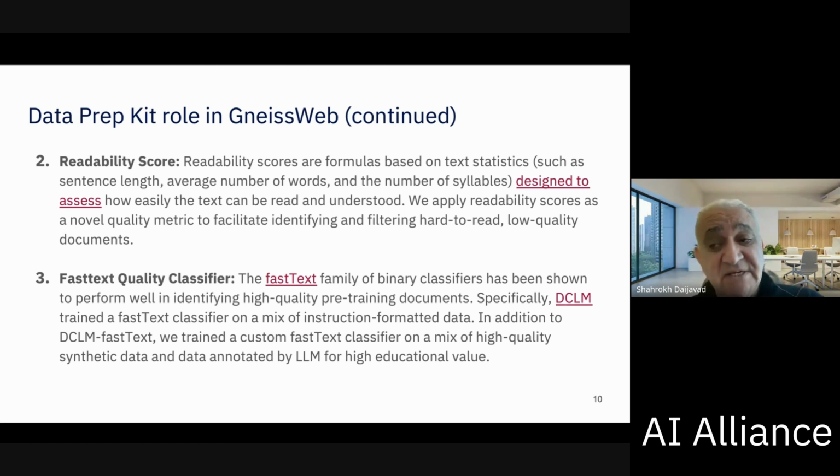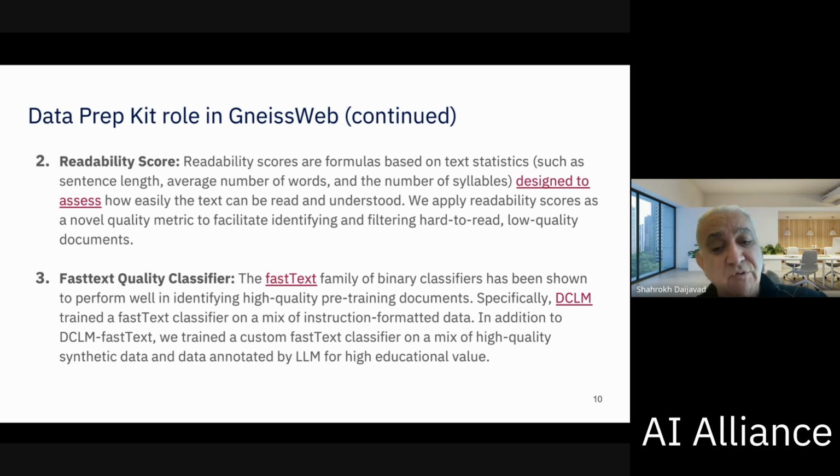We apply these readability scores, and that helps us identify the documents with low quality scores, and of course at the end we filter out hard to read or low quality documents. So it's kind of obvious what this is.